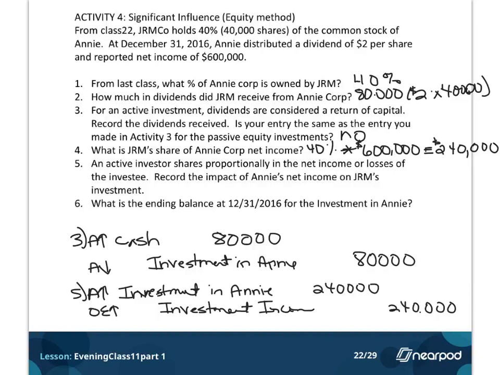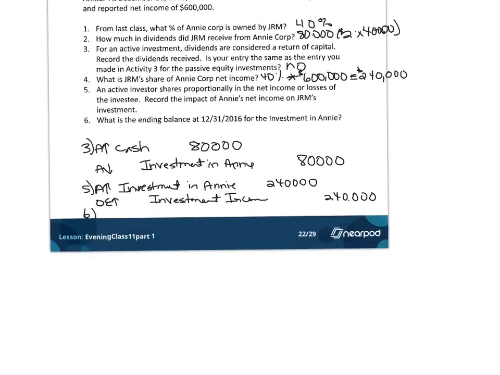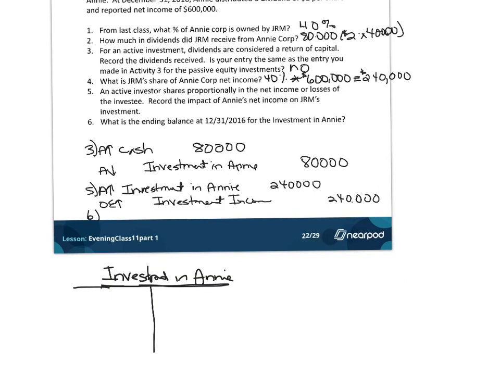All right, and so finally number 6 down here says, what is the ending balance in the investment in Annie? So I'm going to draw a T account to do that piece. Our initial investment was $2 million.